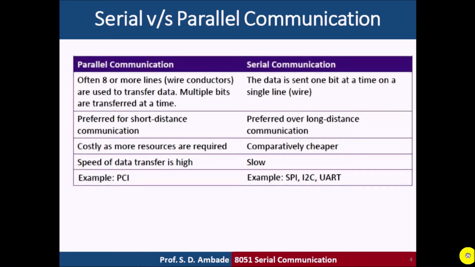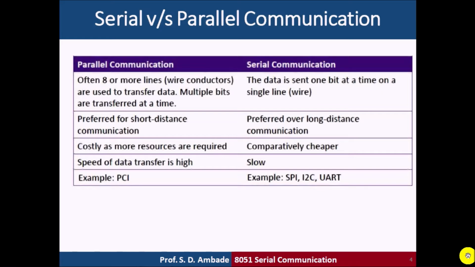This is the example. PCI protocol is an example of parallel communication. PCI stands for Parallel Components Interconnect. This protocol is used in a computer system to interconnect each component in a computer.